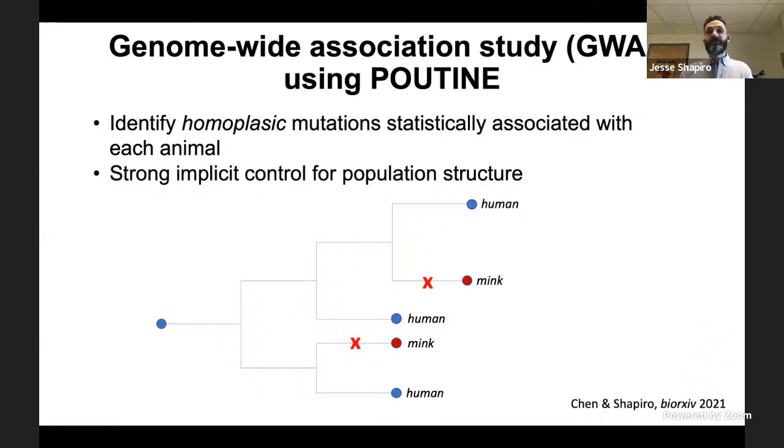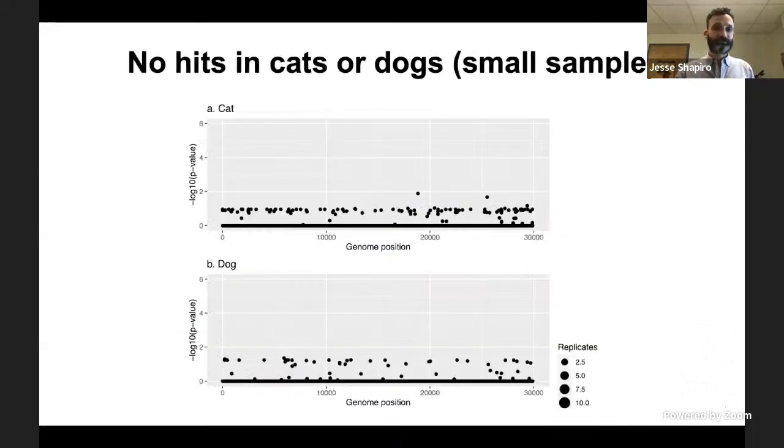In the context of GWAS, we're looking not just for homoplasic mutations, but ones that are specifically associated with our particular phenotype, which in this case isn't really a phenotype, but is the fact that the sequence was sampled from, for example, an animal of interest, in this example a mink, okay? I'm not going to get into all of the methodological details, but that's the essence of it. We really like this approach, not just for viruses, but for bacteria, anything that has this really strong clonal population structure. So this is what the results look like.